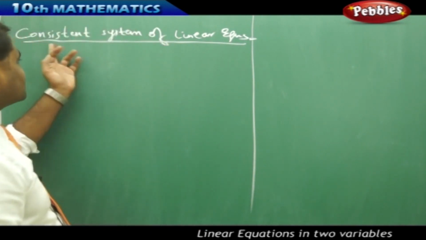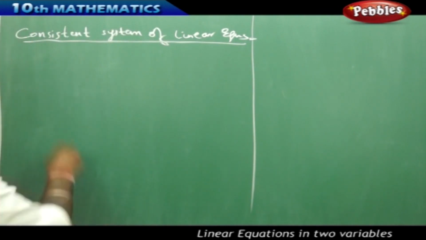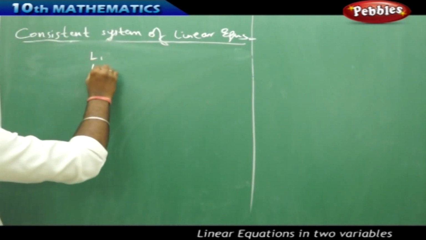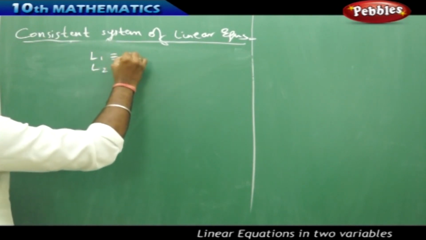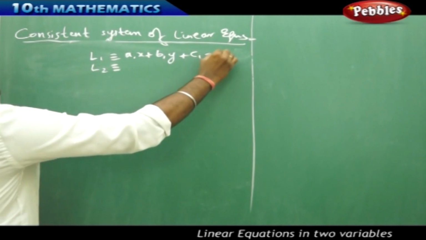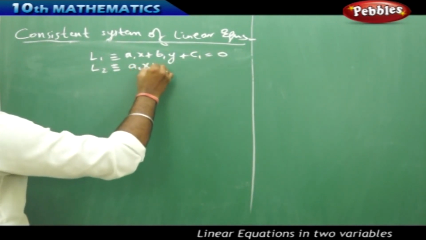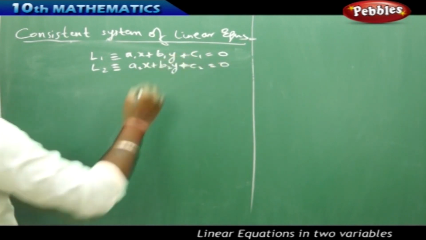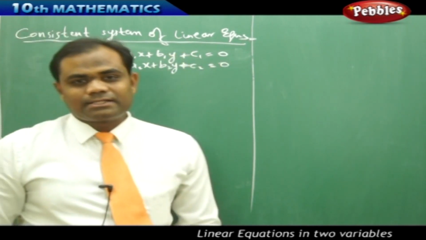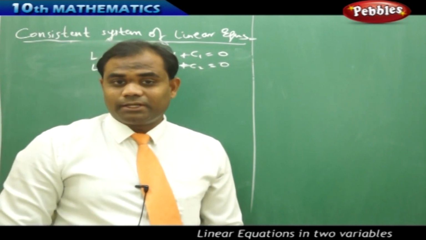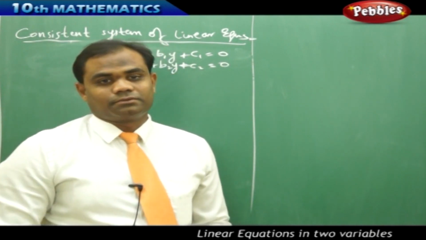Therefore, when I say consistent system of linear equations, let me take the lines L1 and L2: A1x plus B1y plus C1 equal to 0 and A2x plus B2y plus C2 equal to 0. Then in this case, the two lines are said to be consistent if they have a solution, and inconsistent if they have no solution.